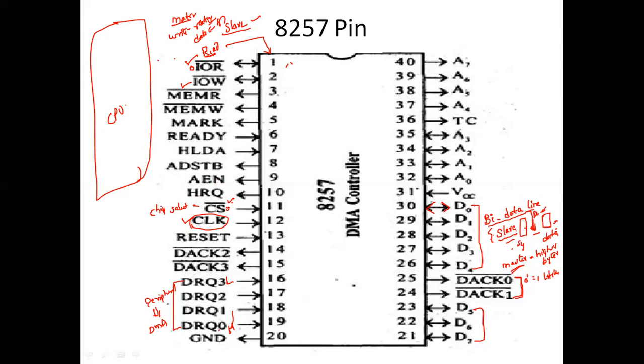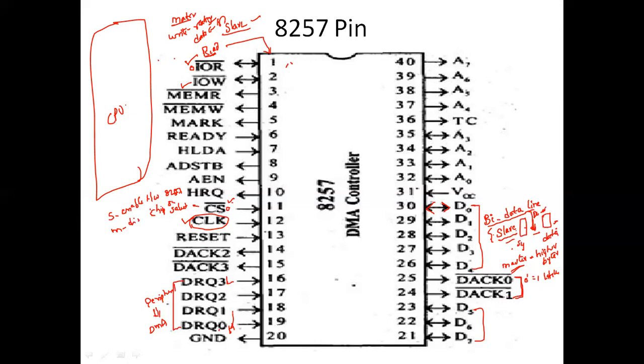So that is the purpose of this chip select. Remember, in slave mode it enables read-write operations from or to the 8257. In master mode, it disables the read-write operations from or to the 8257. That is the purpose of the chip select.